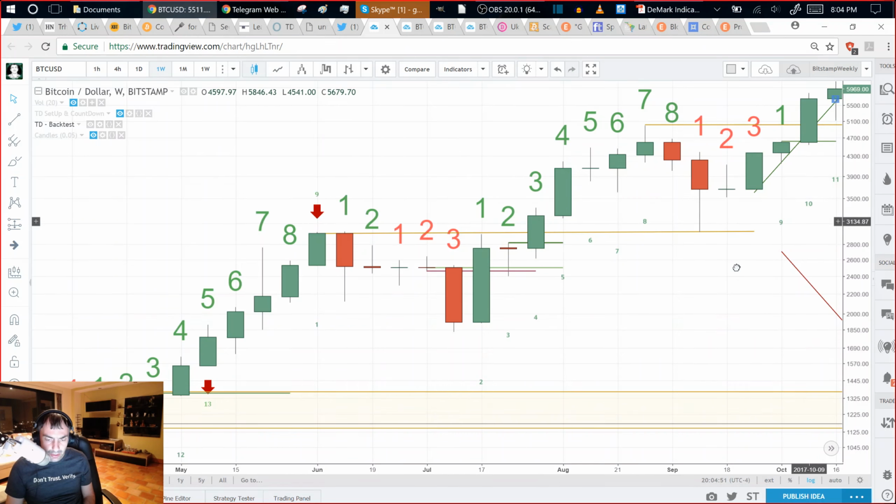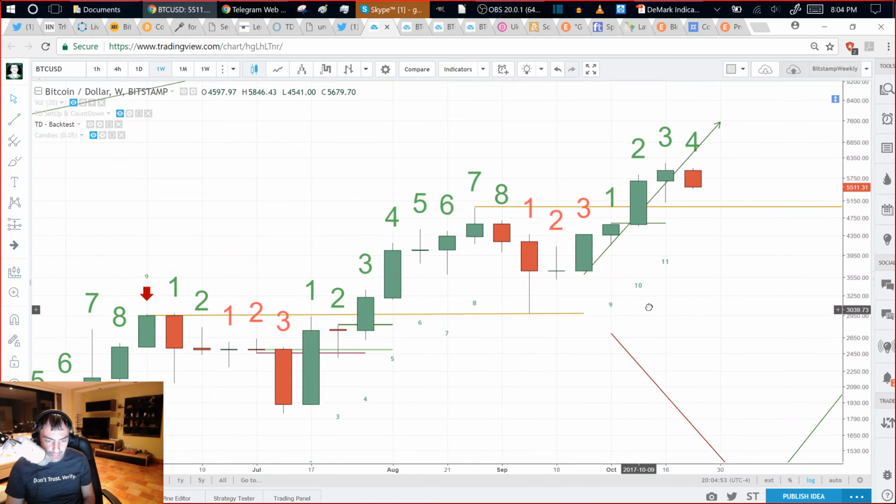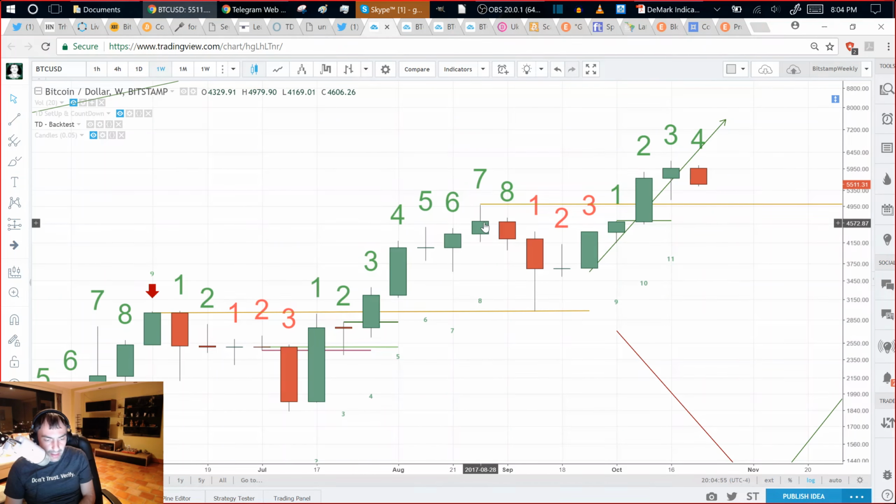Here's another interesting situation, and we're almost at current levels. Now we have a weekly 7. This weekly 7 instantly reminded me of this weekly 7, the one we already talked about. Now, this weekly 7 was hitting a daily 9 with a pretty substantial 3-day correction, followed by more upside into a 9.